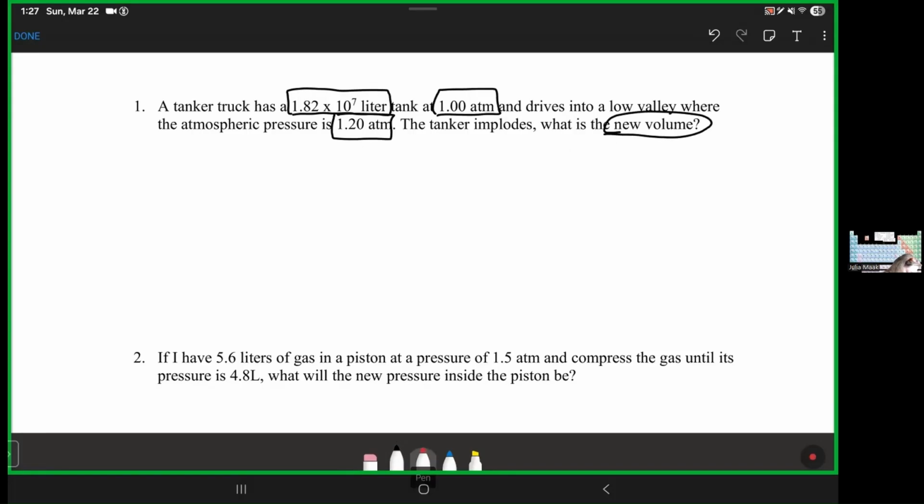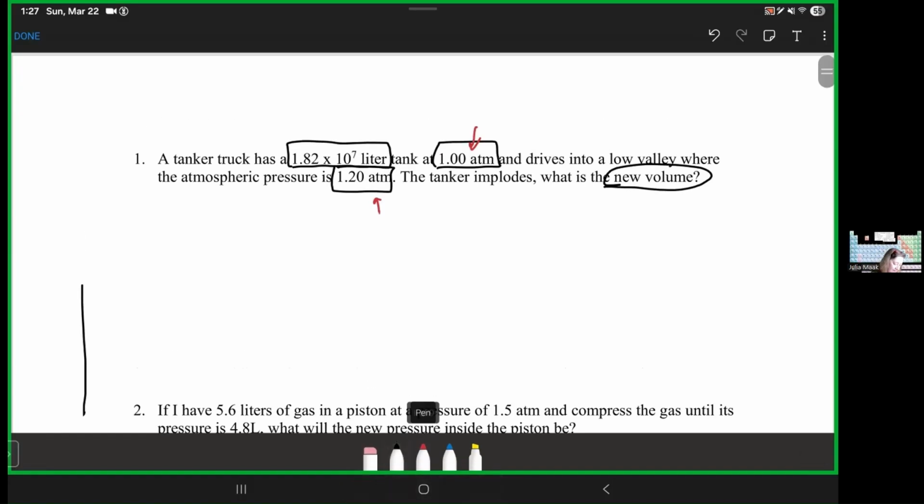Your big thing to recognize is that you have been given two pressures. So you cannot use PV equals nRT, because that doesn't have two of anything in it. Because you've been given two pressures, you're going to go to the combined gas law.